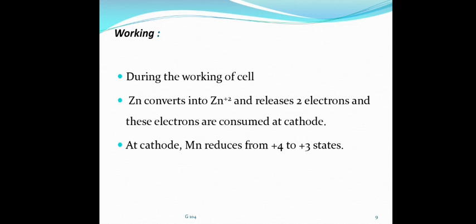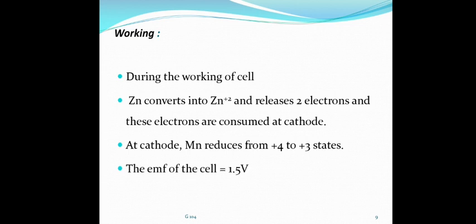Manganese is reduced, MnO2 to MnOOH, from +4 to +3 state. That is, it is gaining electron, going from +4 to +3, whereas zinc is releasing 2 electrons, so MnO2 is becoming MnOOH, manganese oxyhydroxide.